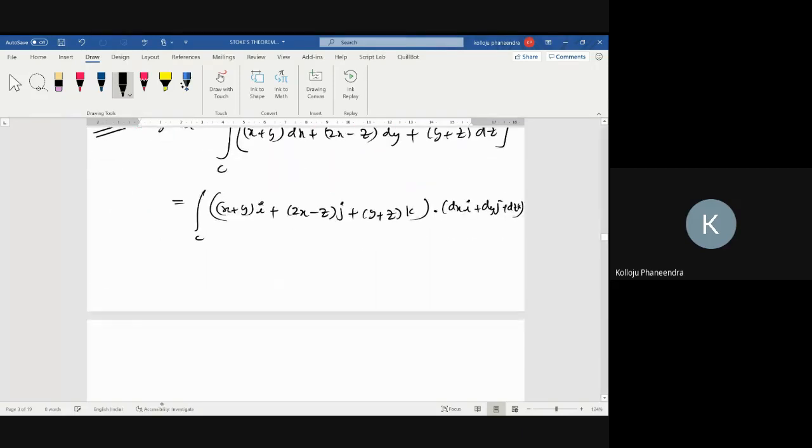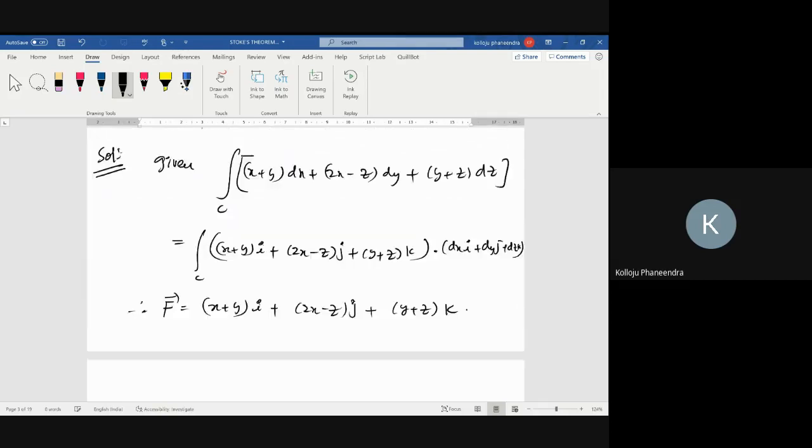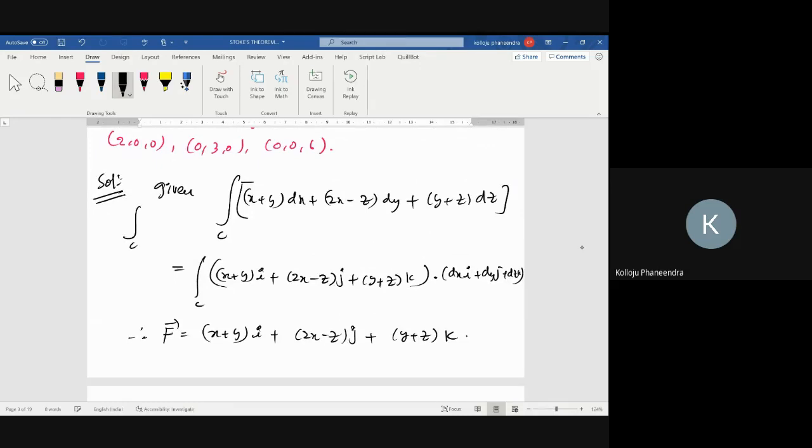Therefore, what is f bar equal to? x plus y i, 2x minus z j, y plus z k. I know f bar now. The first one is f bar dot dr bar.